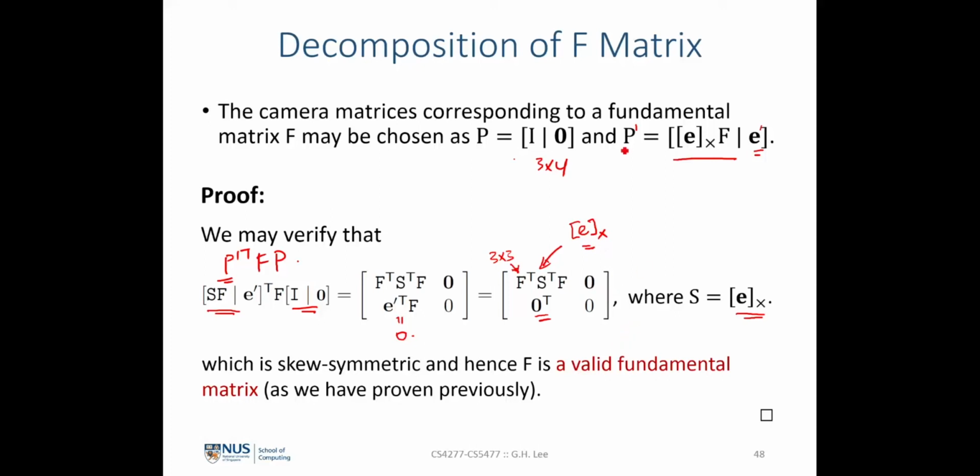Hence, this proves that the choice of P and P prime in this form is going to give rise to a skew symmetric matrix when we plug these two, P and P prime, into this equation. Hence, this shows that P and P prime in this form is a valid decomposition of the fundamental matrix.